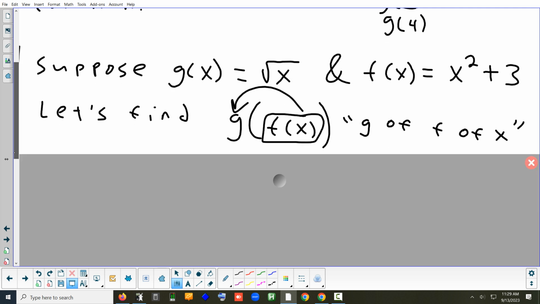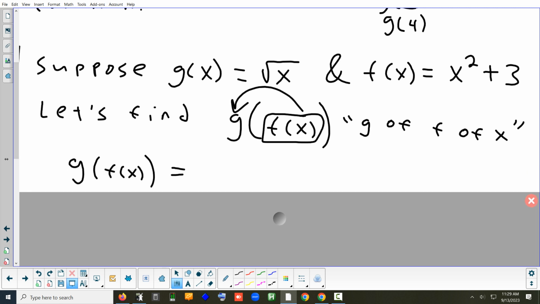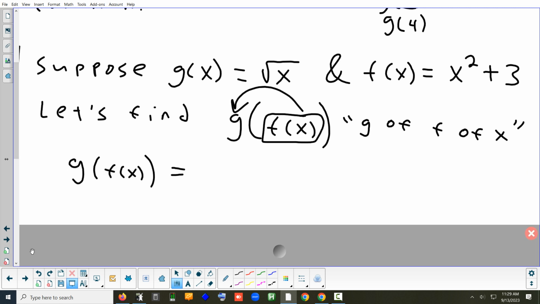So what is f of x here? Yep. f of x is x squared plus 3. So I want to find g of f of x. That's what I want to do. Plug x squared plus 3 into g.